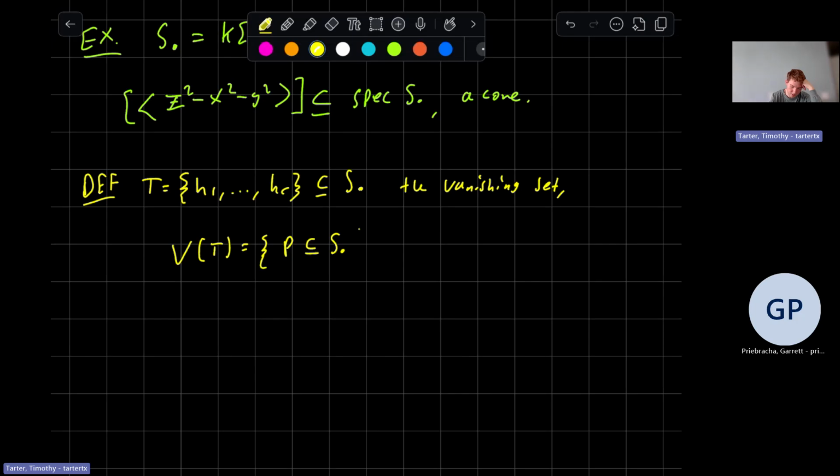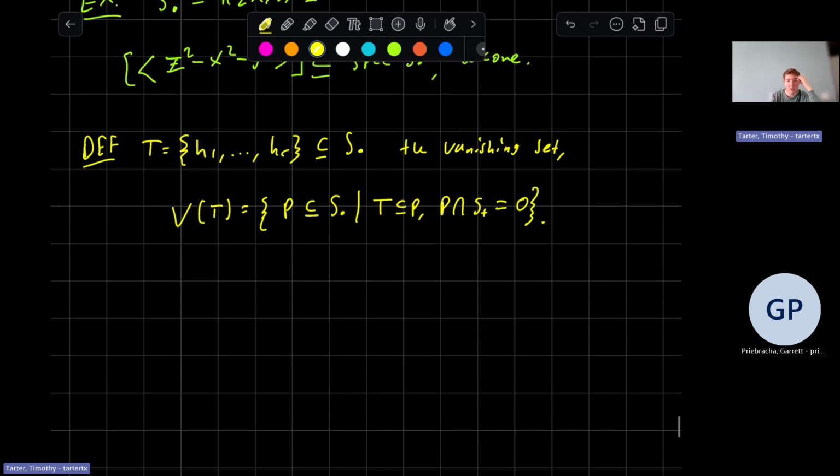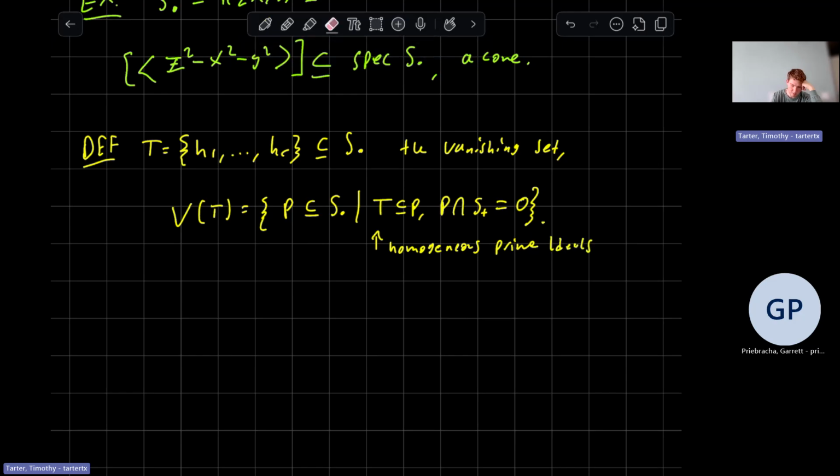So such that T is contained in P, and P intersect S plus is the zero ideal. And so it is the relevant homogeneous prime ideals. And that's P.